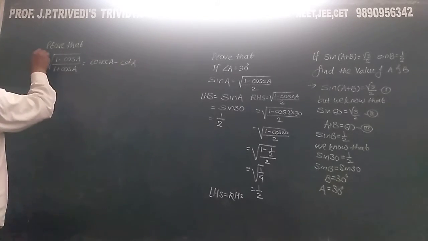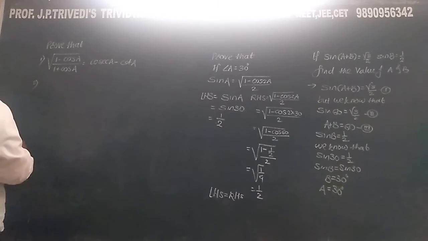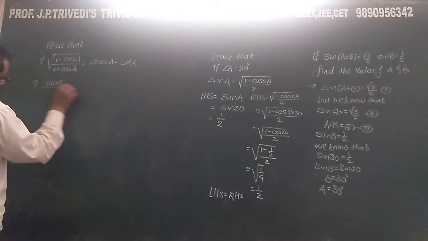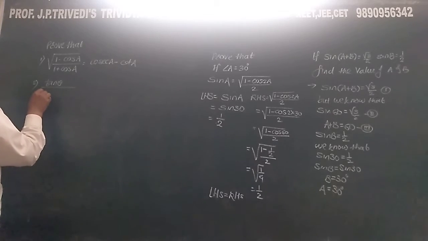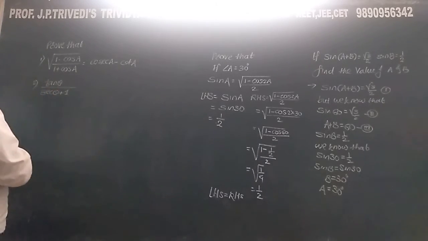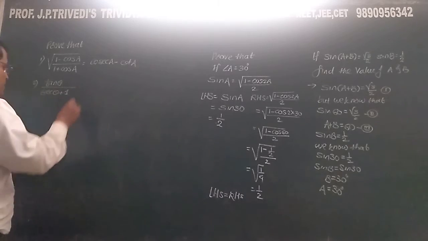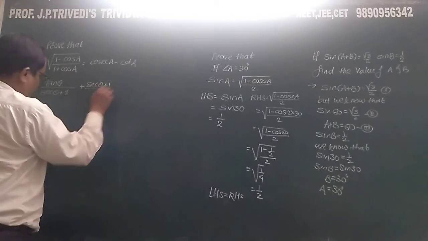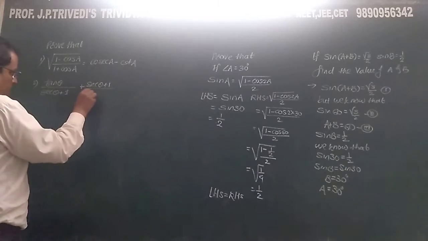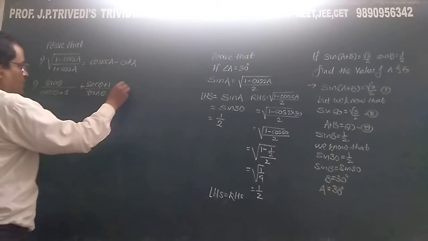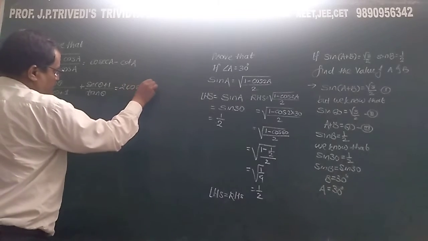This is equation number 1. And the second proof: tan theta upon sec theta plus 1 plus sec theta plus 1 divided by tan theta is equal to 2 cosec theta.